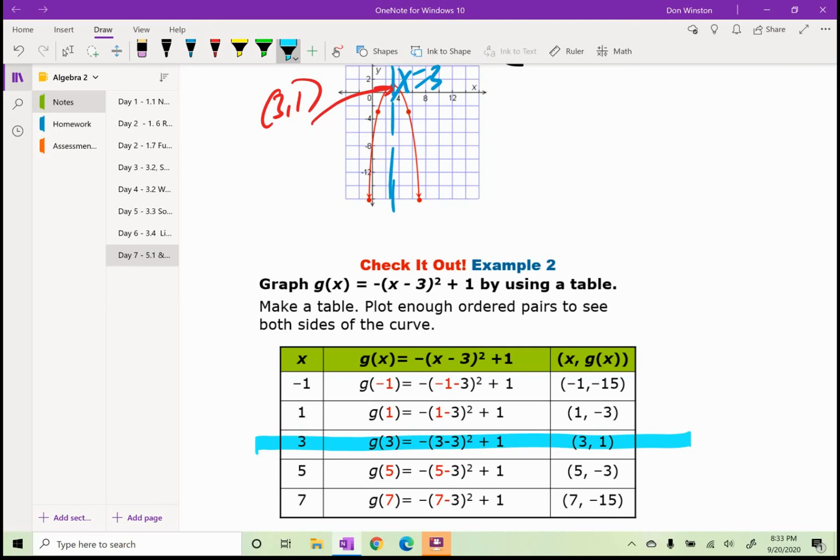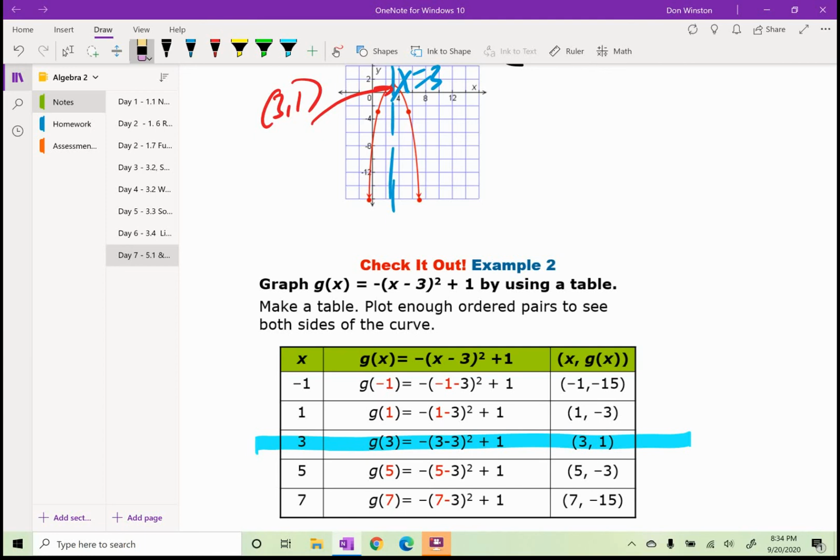Here, the authors went by 2's: 3, 1, and then -1, and then 5, 7. Which is okay. You certainly can do that. I would suggest, though, if you had homework, that you would just go 3, 2, 1, and then 3, 4, 5. That would be my suggestion. But they went -1, 1, 5, and 7.